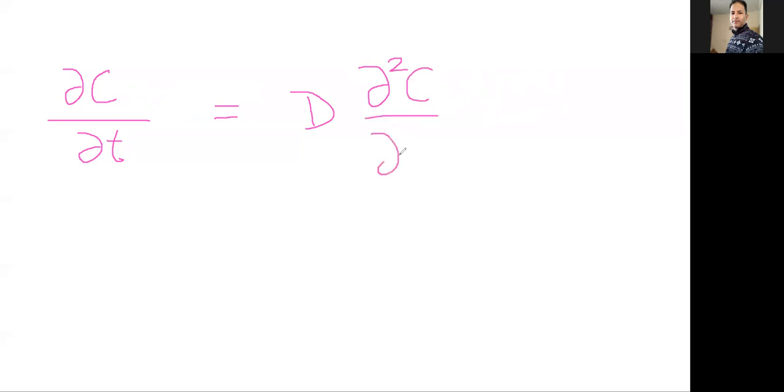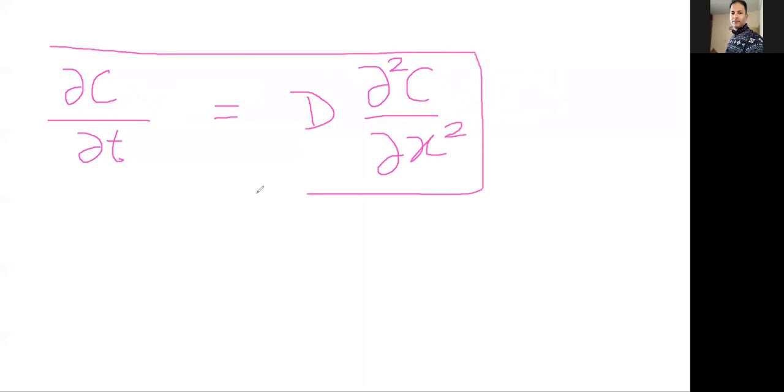The diffusion equation is del C by del t, the time rate of change of concentration in a volume, equal to the diffusion constant capital D multiplied by the second gradient of concentration with respect to distance.